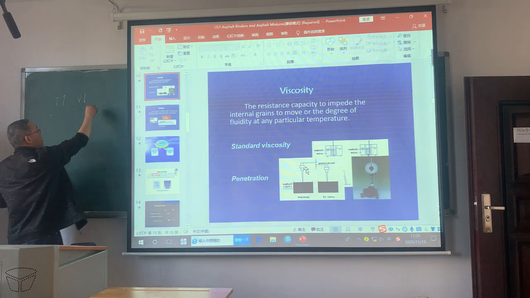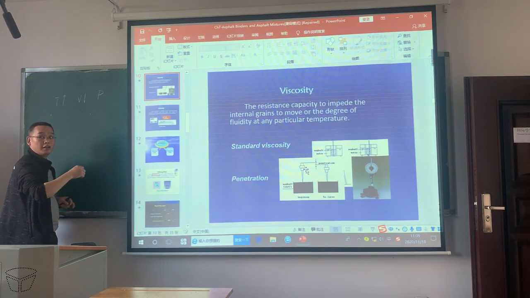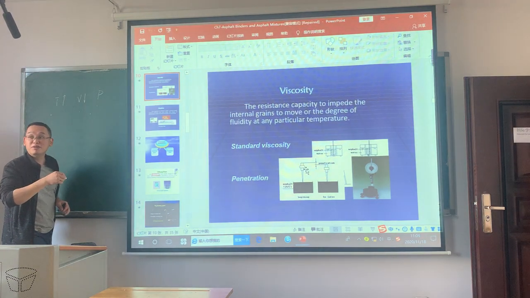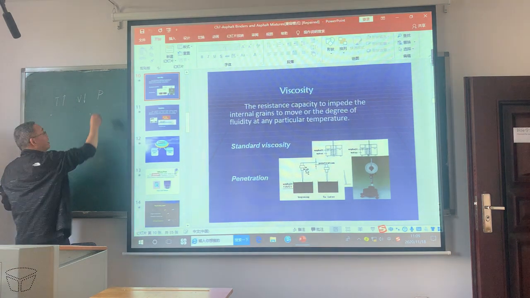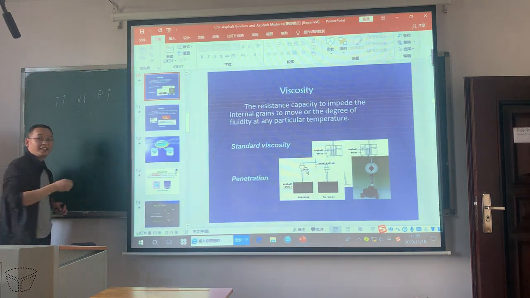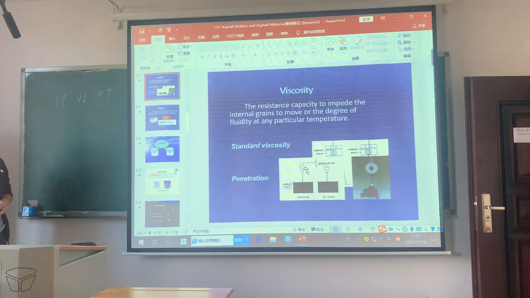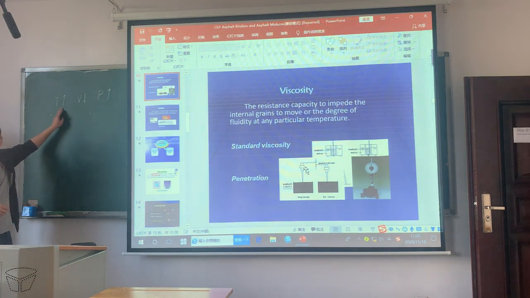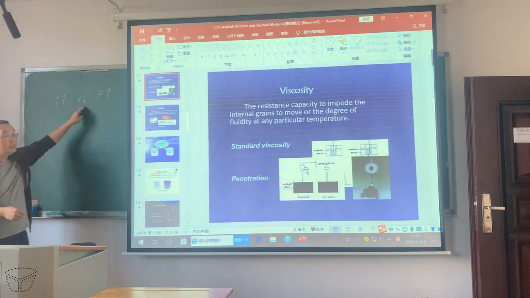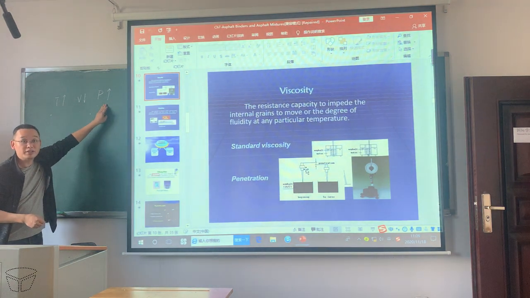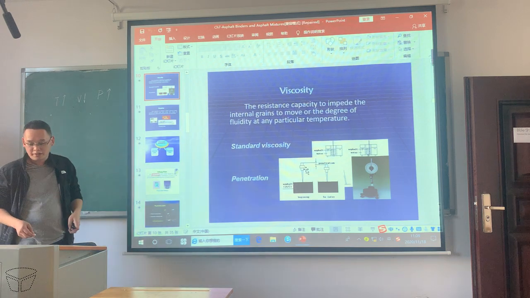But the penetration will increase or decrease? Will increase. Yeah. If the temperature increases, the viscosity will decrease, and the penetration will increase. Okay? Yeah.